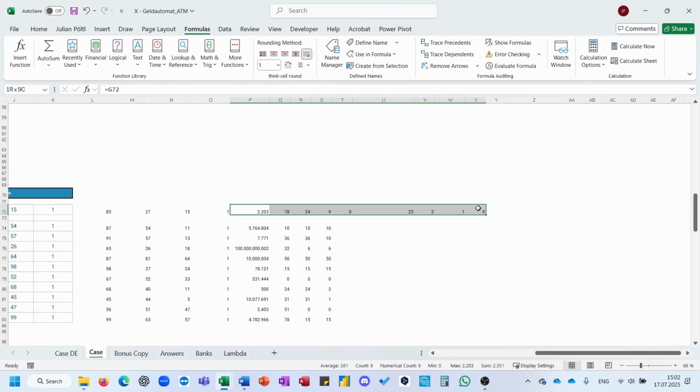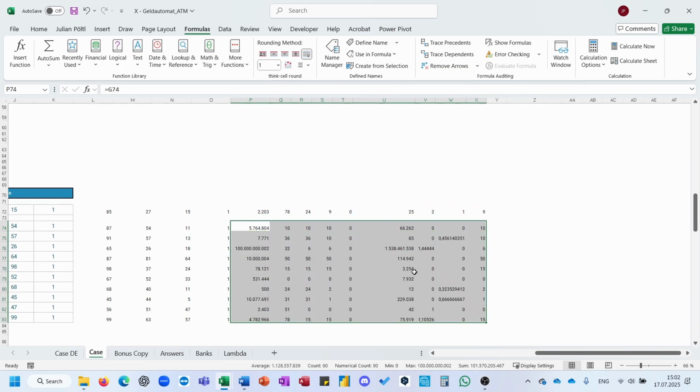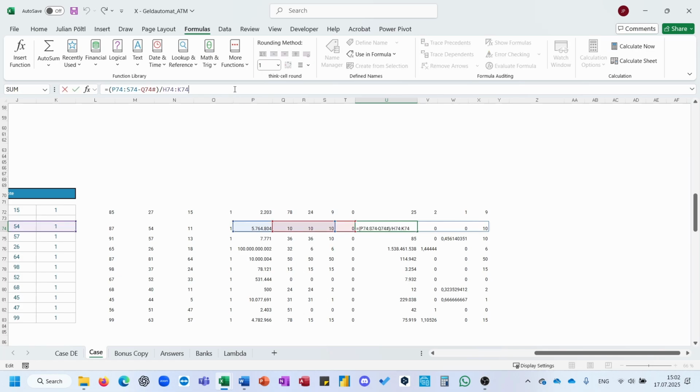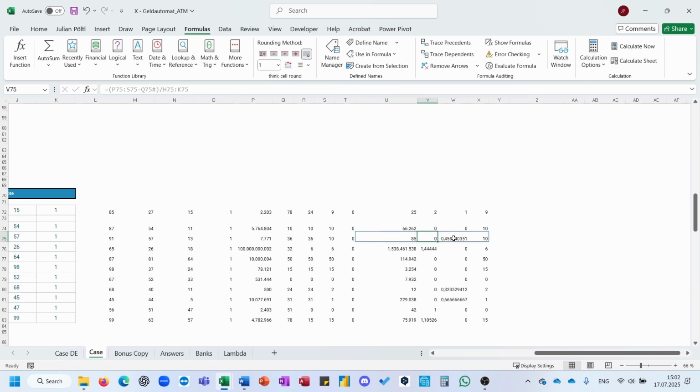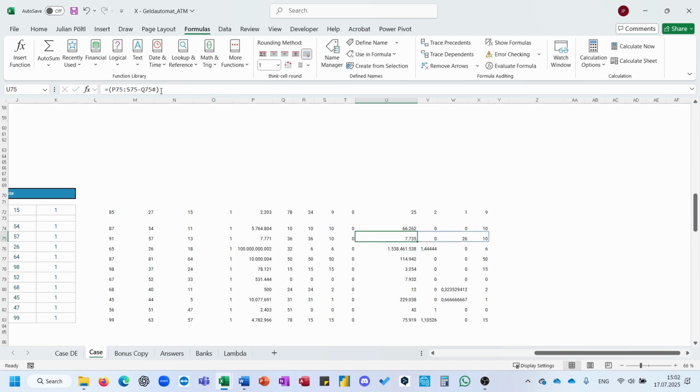Okay, let's copy this stuff down here. Okay, there's something odd here. Yes, if there is no change, then I have a problem, I think. 26.